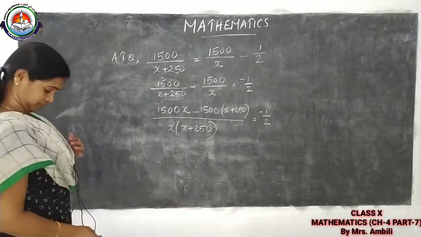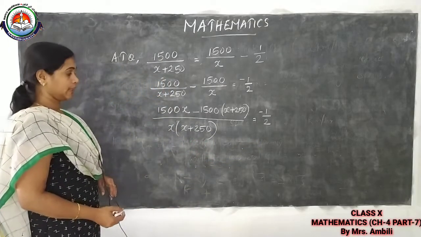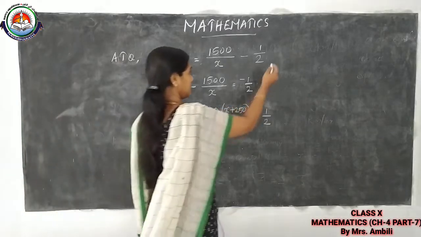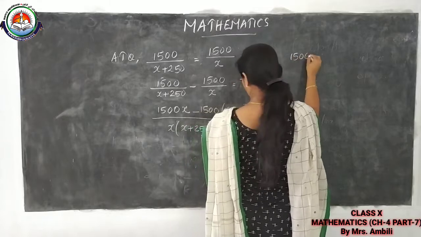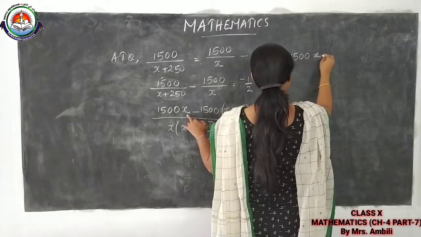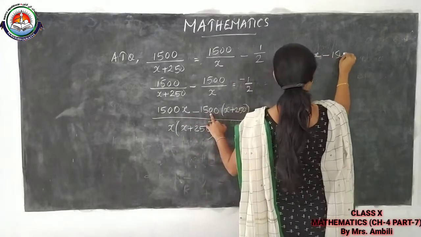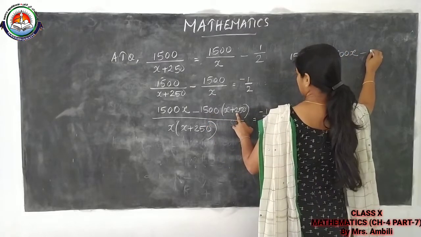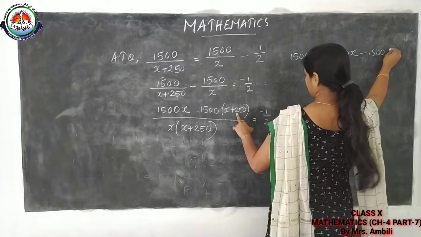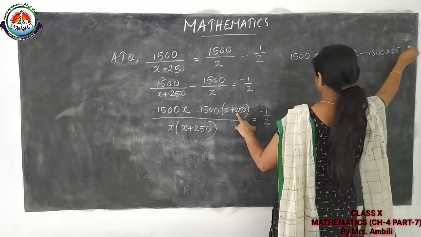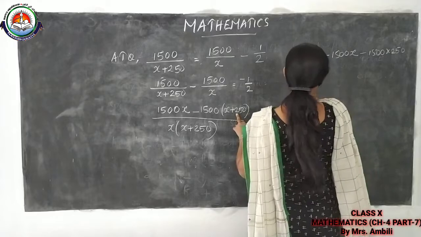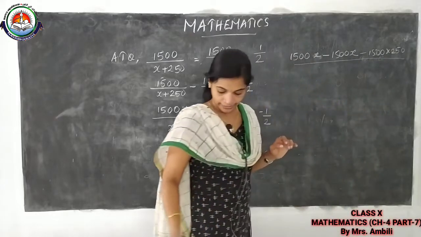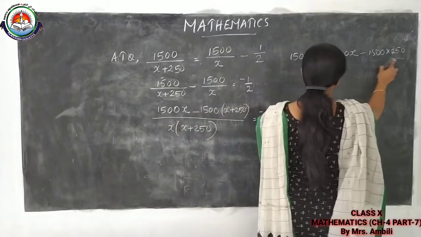Clear? Okay. So here, look, how can we change this one? 1500x minus 1500 into 250, divided by, so this numerator only we can take.